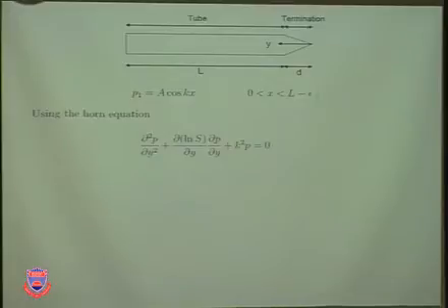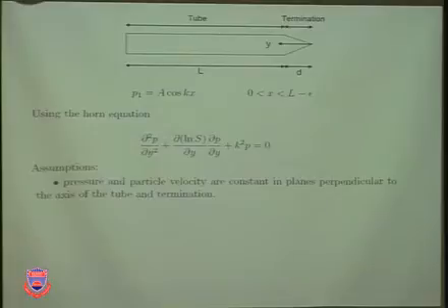This is identical to what we had a few minutes ago, but written in terms of pressure again. The Horn equation is rewritten, and we make a number of assumptions. Once again, we say that the pressure and particle velocity are constant in plane, so we're talking about plane waves. We have to make that assumption to derive this.